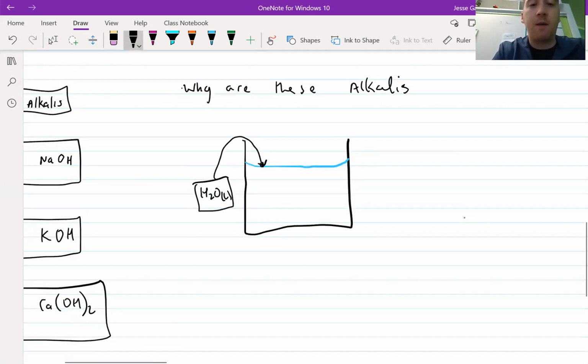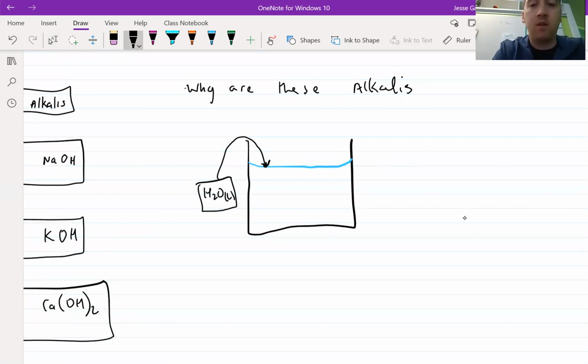We're going to take one of these chemicals now. Let's take our example, NaOH, sodium hydroxide. Sodium hydroxide is a solid. It comes in these little pellets. So we take our sodium hydroxide and we put it in the water and we dissolve it. Now, what does sodium hydroxide look like?